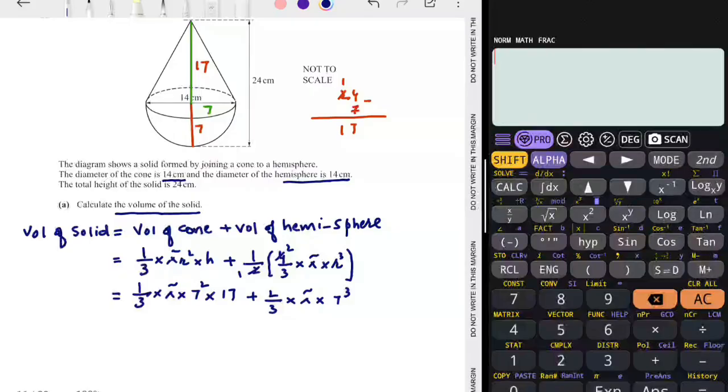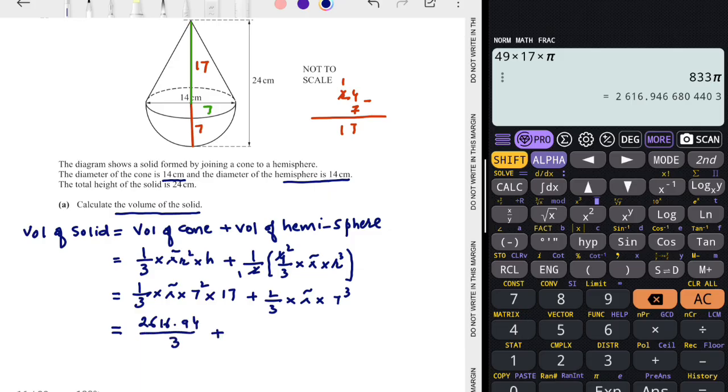Now let us simplify it. Square of 7 is 49, so 49 times 17 times pi is equal to 2616.94 divided by 3 plus cube of 7, that is 343 times pi and times 2, that is 2155.13 divided by 3.